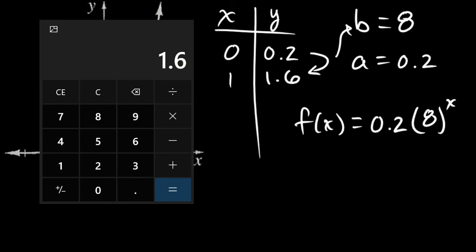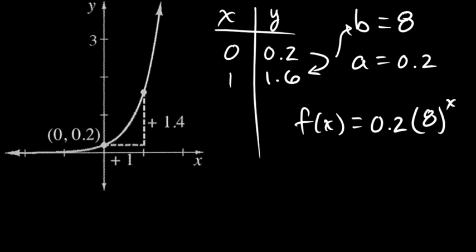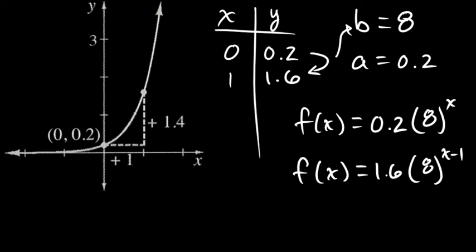So that's certainly one answer that you can give. Another one, if you were to give it in standard form, remember standard form, instead of using the 0th term, we use the first term. You could also write this as f of x is equal to 1.6 times 8 to the x minus 1 power.